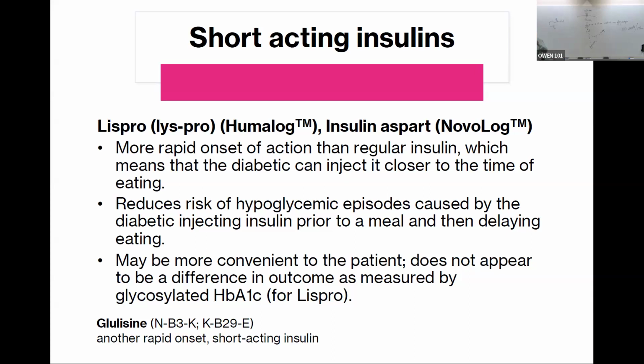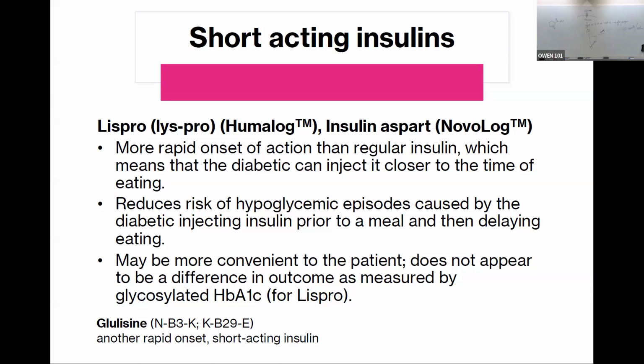Because you take it right before you eat, and of course it's more convenient to the patient. But the outcome in terms of sugar control is pretty much the same as the regular one, just more convenient, all right?